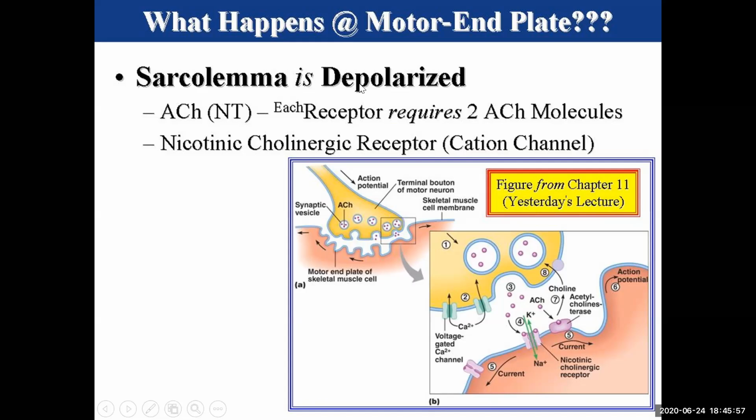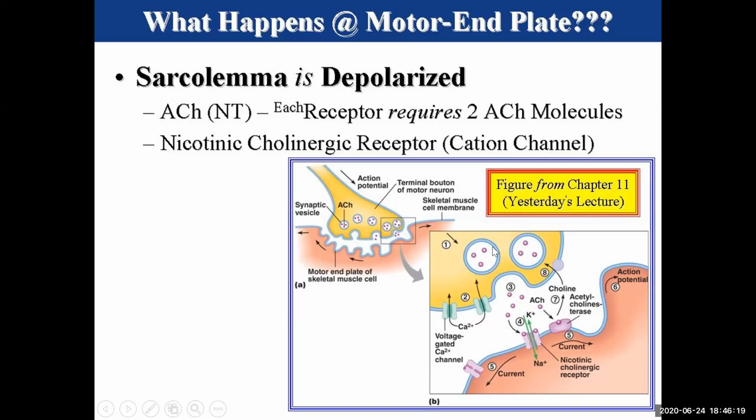The sarcolemma is depolarized. The action potential arriving on the axon of the lower motor neuron depolarizes the plasma membrane of the axon terminal, activating the voltage sensitive calcium channel.